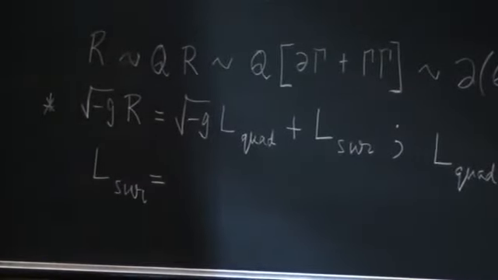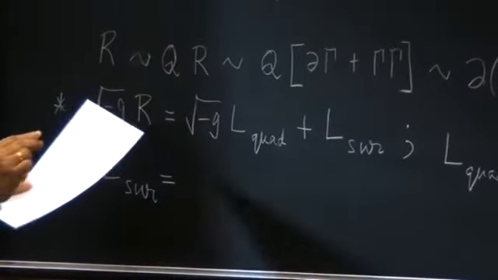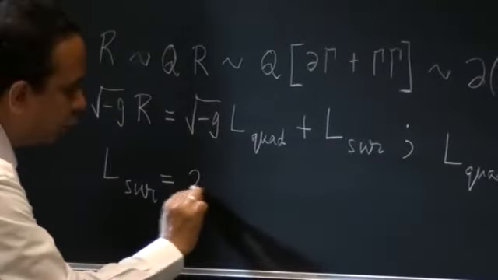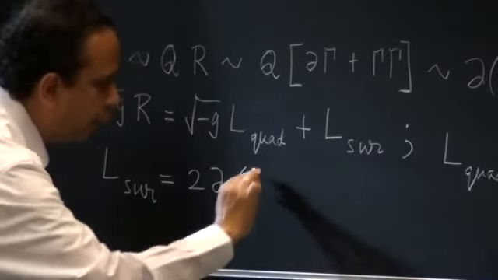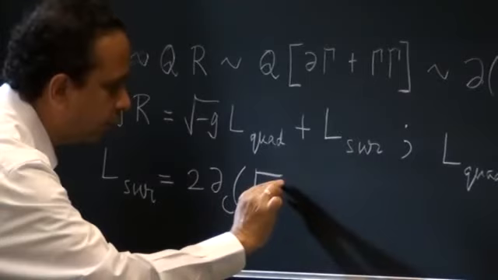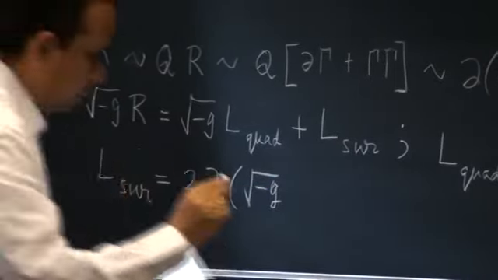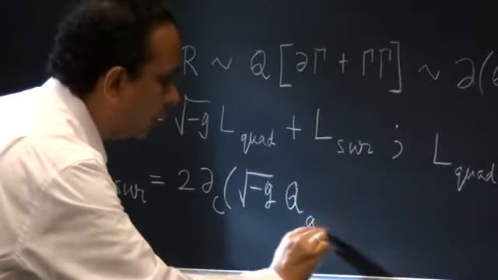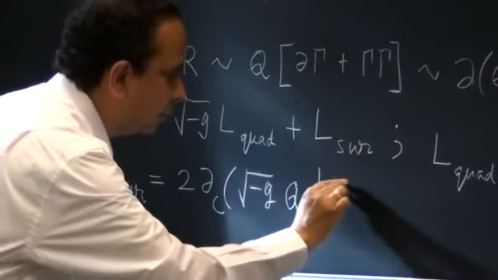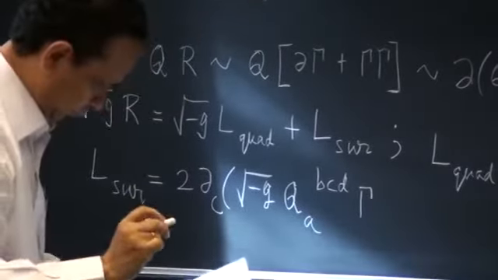L surface is a total divergence. This will be twice d_c of root minus g, q a b c d, gamma a b d.